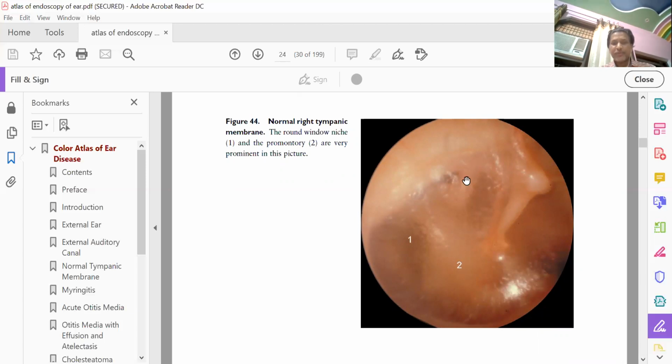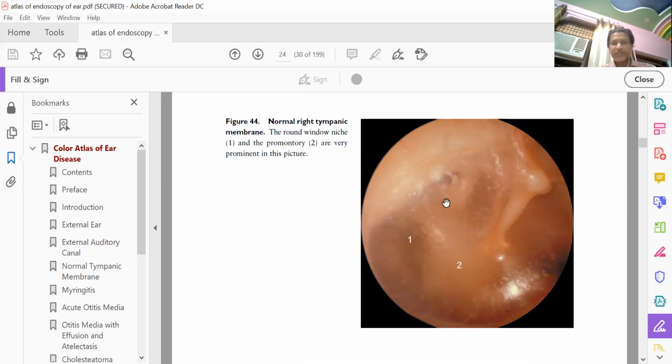If you watch closely, because of the translucency of the tympanic membrane, you can also get an impression of the long process of the incus. And this is the chorda tympani nerve. The asterisk number one is the round window.